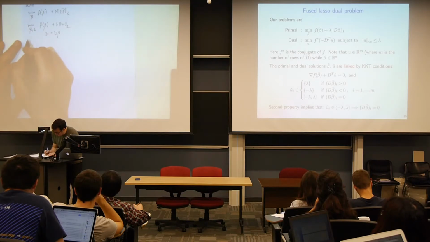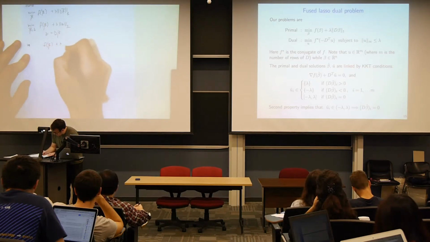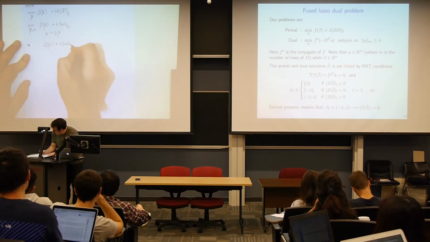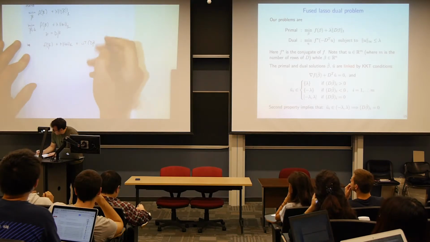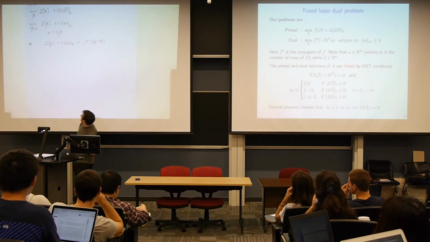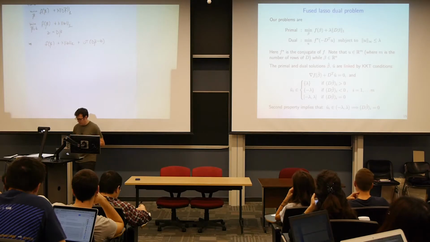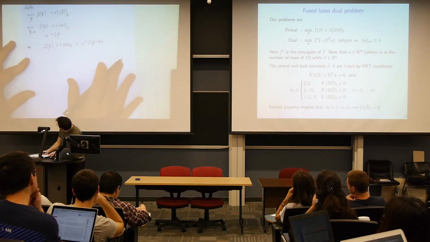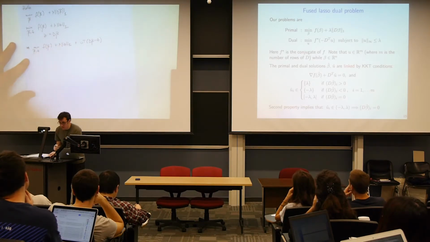All right, so then we're going to write down the Lagrangian. Let's just write down f over beta. And then, in order to form the dual problem, we're going to minimize this over beta and z, the primal variables.